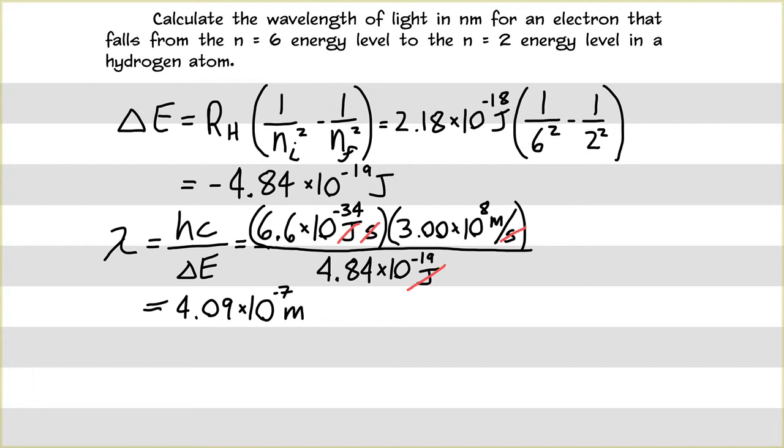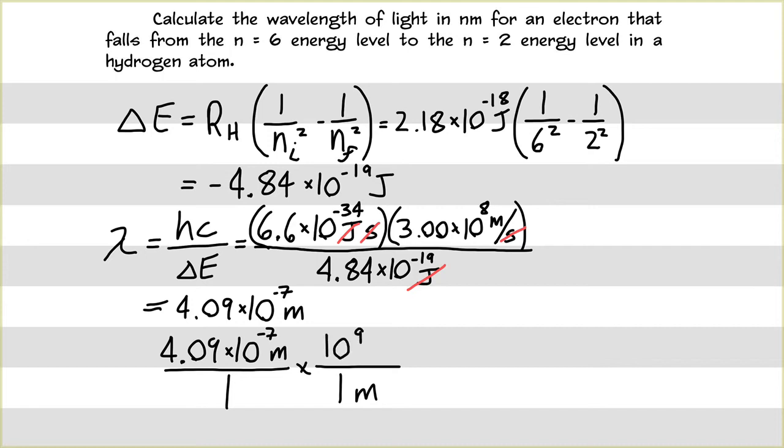Now we're going to need to take that value and convert it into nanometers. So let's just go ahead and put that measurement over 1. And if I'm not mistaken, for every 1 meter, we're going to get 10 to the power of 9, that's a billion, nanometers.